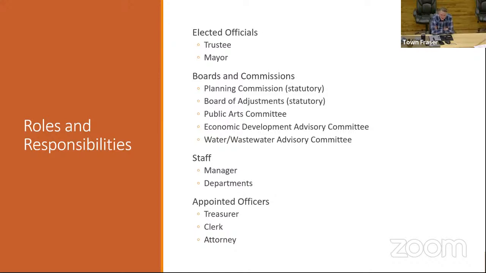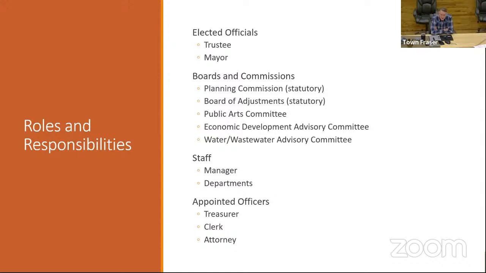The other committee is the Economic Development Advisory Committee. This committee was formed about 5 years ago. It was tasked to address economic development, commercial development within our town of Fraser. One of the chief accomplishments that this committee has performed in recent years was to establish a set of incentives to foster commercial development growth.